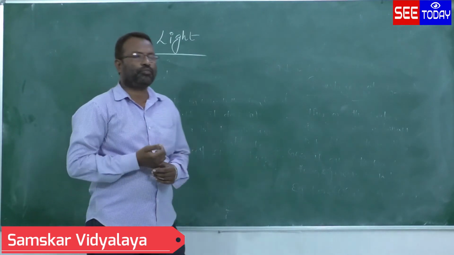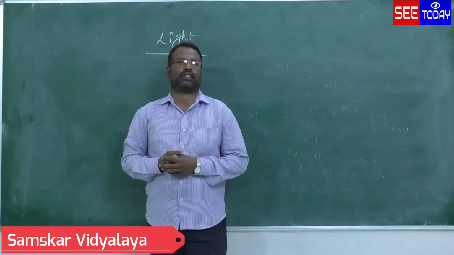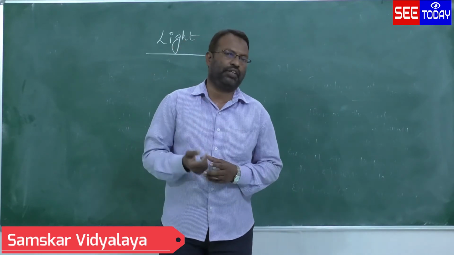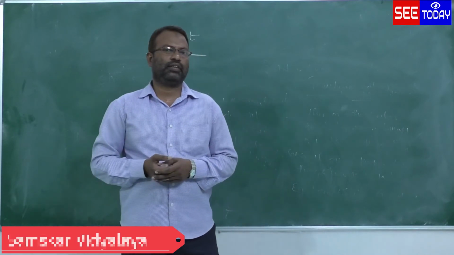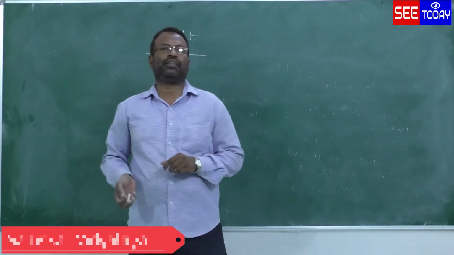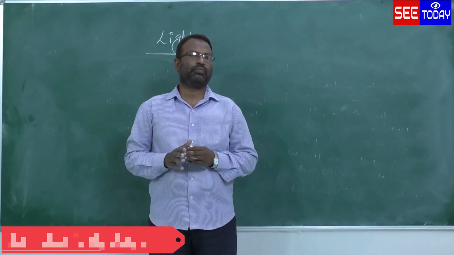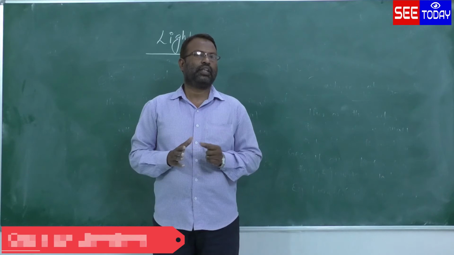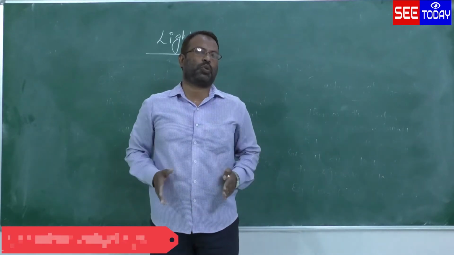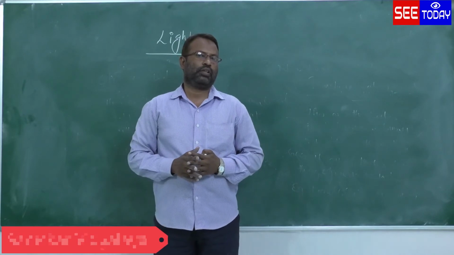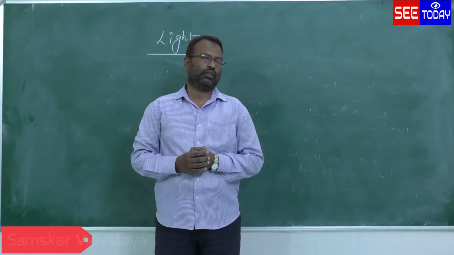Let us take any source which is emitting light, and the speciality is that a single ray is not possible. Every time we will get a group of rays emanating from that source. It is not possible to take a single ray from the source.